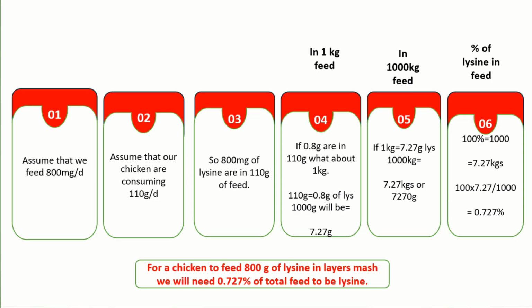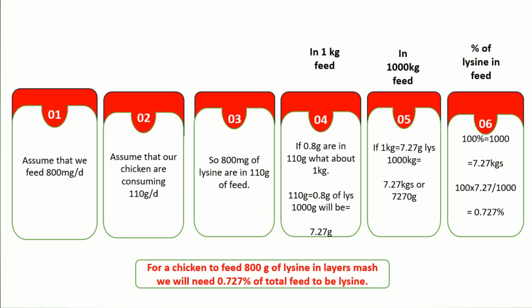So if 800 milligrams of lysine are in 110 grams of feed, what about 1 kg? You can see here the calculation that we have done, and the lysine that is going to be in 1 kg of feed is 7.27 grams.